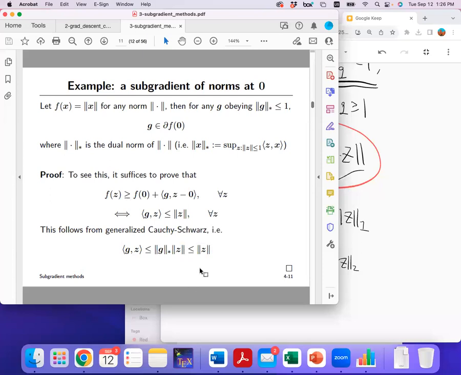A very interesting connection. In the definition of subdifferential, we have this inner product structure, but by Cauchy-Schwarz this is connected to the dual norm. That's where the dual norm comes into play in the subdifferential when these functions are norms.